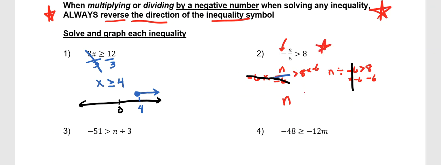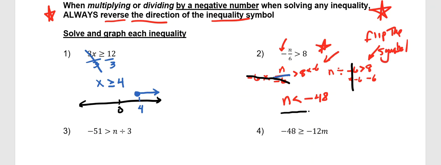Instead of saying n is greater than, we're going to flip the inequality symbol and say n is less than negative 48. And that would hold true even if I did the problem this way, because I am multiplying by a negative. Because I'm multiplying by a negative, I need to flip the inequality symbol. So that's what we did.